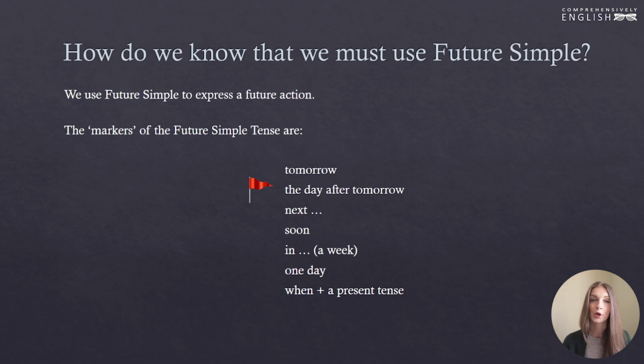And the future that we are talking about here is somewhat hazy, undetermined. The markers of the future simple tense are tomorrow, the day after tomorrow, next month, week, year, century, soon, in a week, one day, and when plus a present tense. We'll speak about this particular one a little bit later.